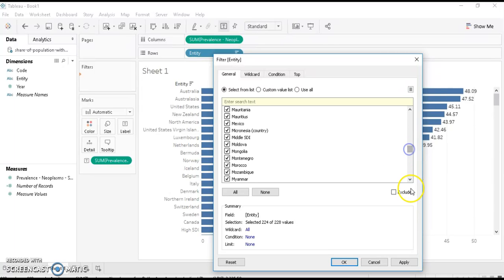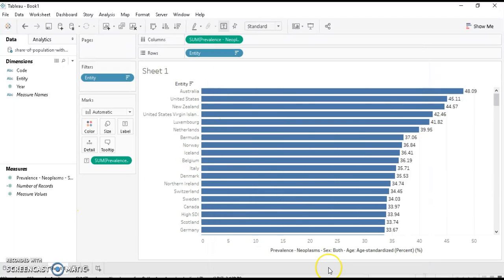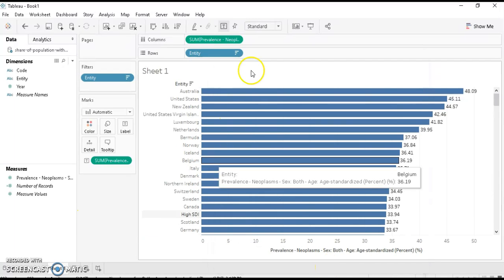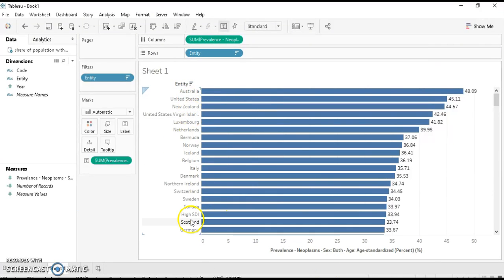North America, where are you? And it's coming over here. I'm just going to do these couple, okay, and I'm going to hit OK. And now you see it removed those fields. Now we have Australia and United States. I didn't remove the high SDI because this is just so I can show you, but later on in my original, I removed it out of here.